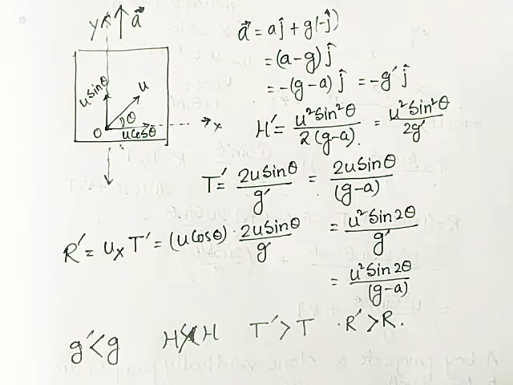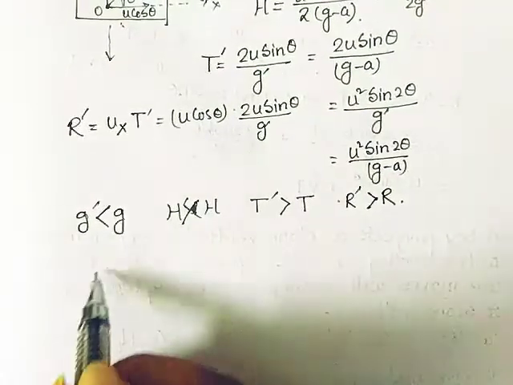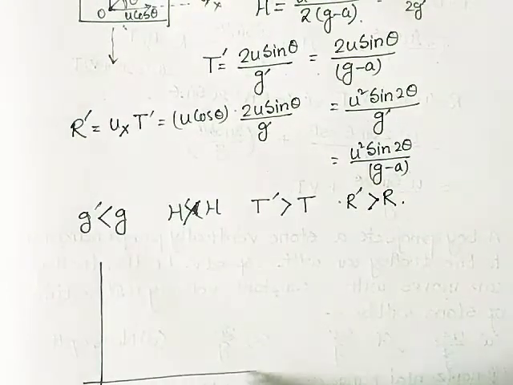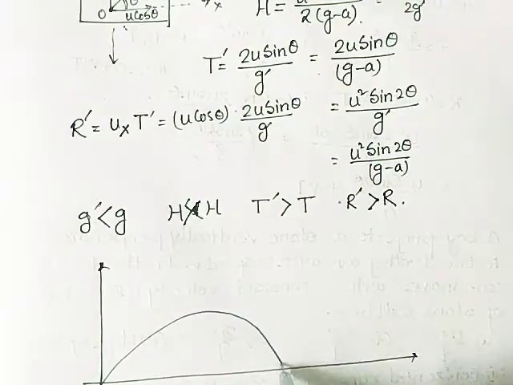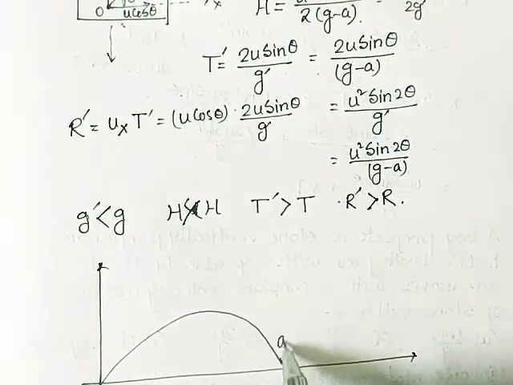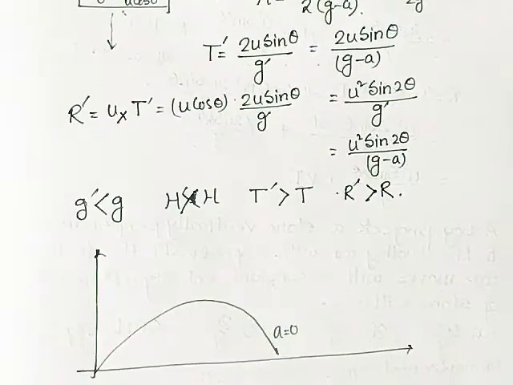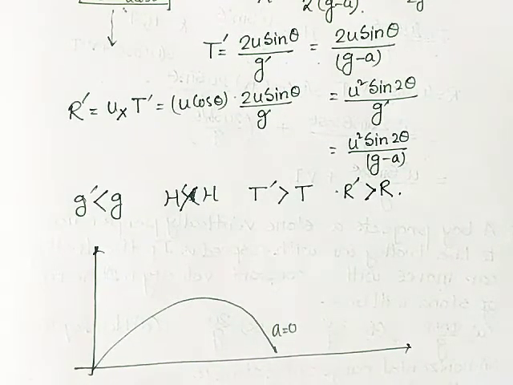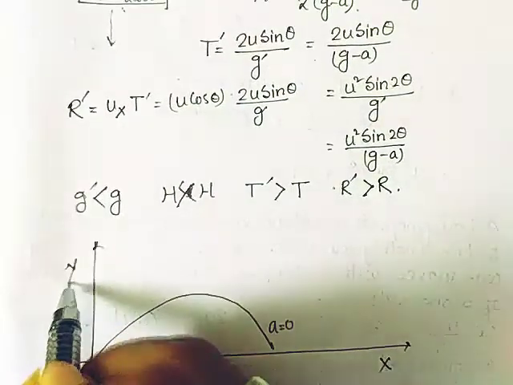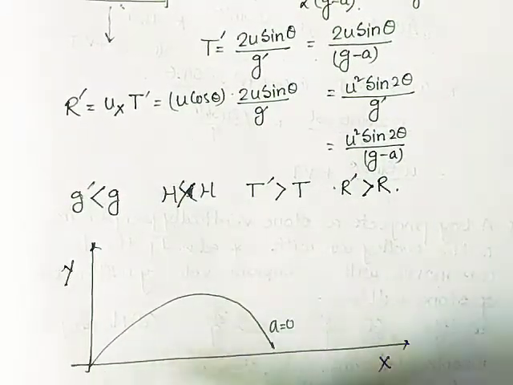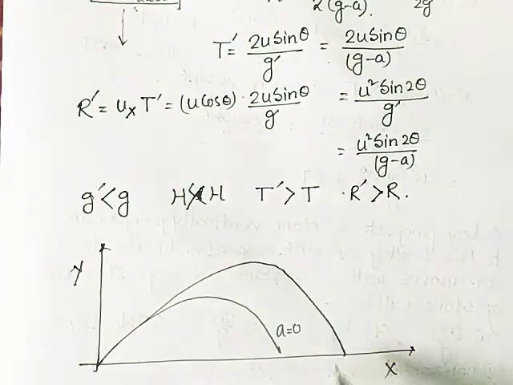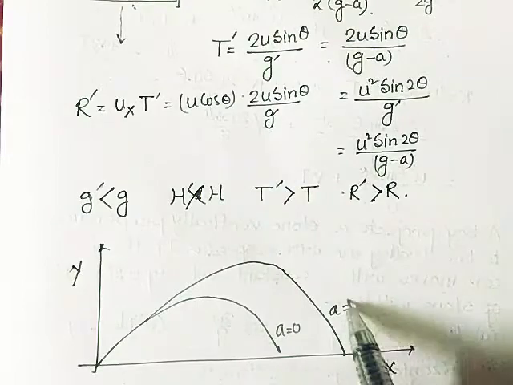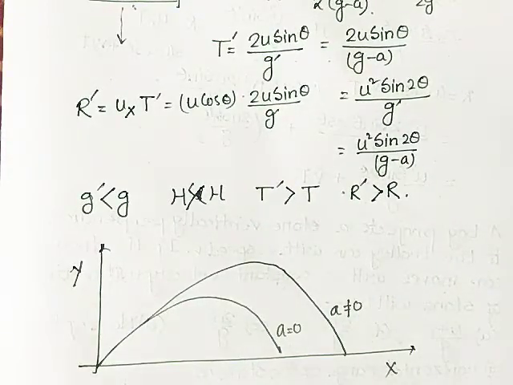Okay, if I want to draw it as a graph, it looks like this. I am just showing you the measurement of this. That is, this is for acceleration equal to 0, on the x-axis and y-axis obviously, then this will be for vertical acceleration not equal to 0.